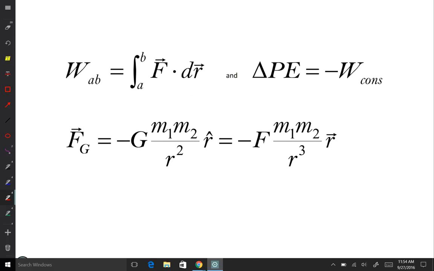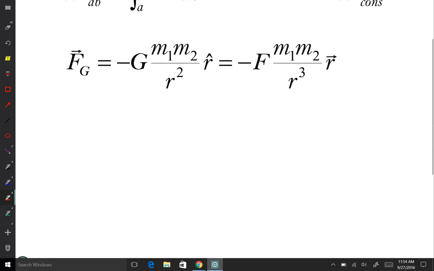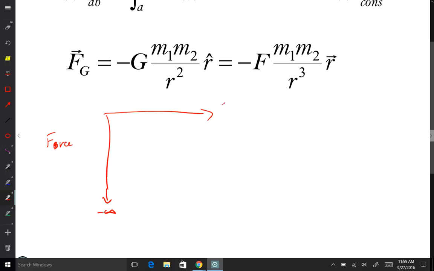Okay, let's go to the third and final of our forces we're going to calculate a potential energy for: the force of gravity using Newton's law of universal gravitation. Now, if I make a graph of this, notice if r equals 0, I'm dividing by 0, which means it's going toward infinity. So I'm going to have a graph, force on this side going down toward minus infinity here, and separation in meters here.